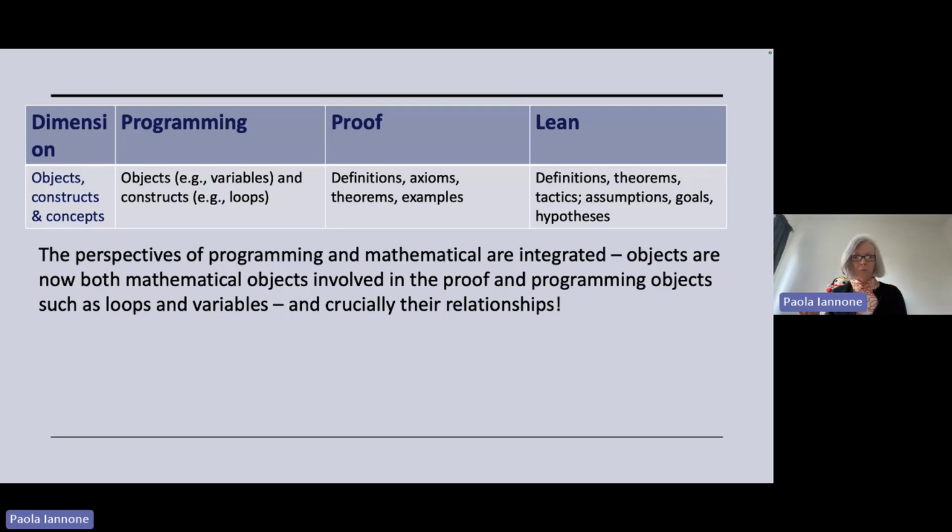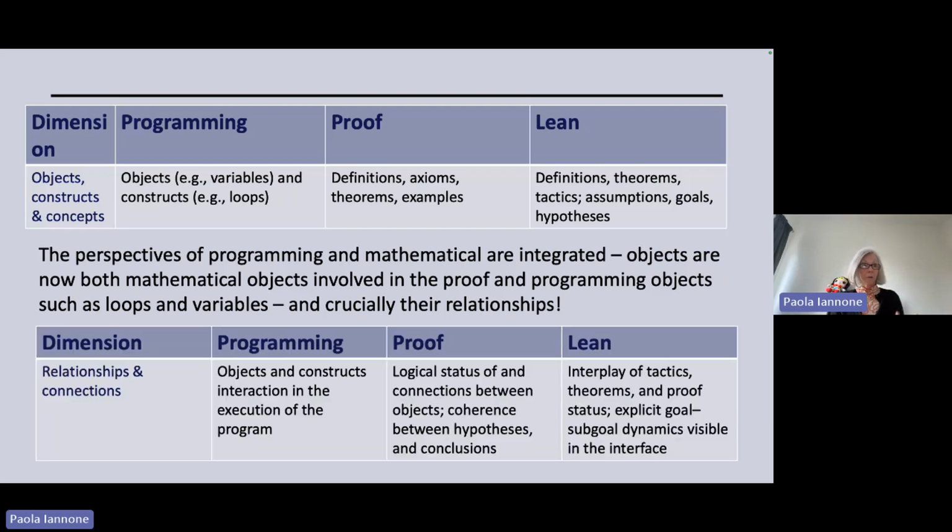We always think about Lean working in tactic mode because somehow this is the most used mode in teaching, I think. And how assumption, goal, and hypothesis come together. So the crucial bit, once students can grasp these ideas of definitions, theorems, assumptions, goals, is how they relate to each other. This idea of conceptual knowledge is not only thinking about the various objects in isolation, but how they interrelate and interact with each other.